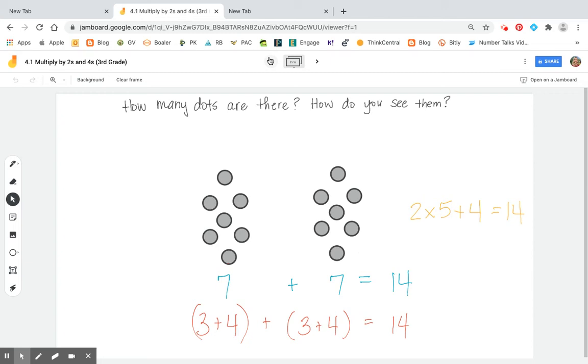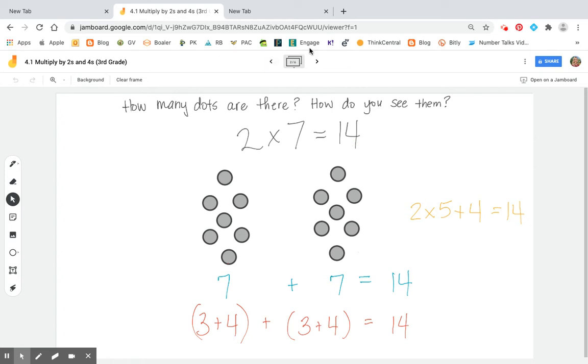Like that. 5 and then 2 on the outsides. Right? So this is the same as the fact 2 groups of 7. Right? So any way we look at it, it still represents 2 groups of 7, and we know that makes 14. Right? All right, let's check out the next one.